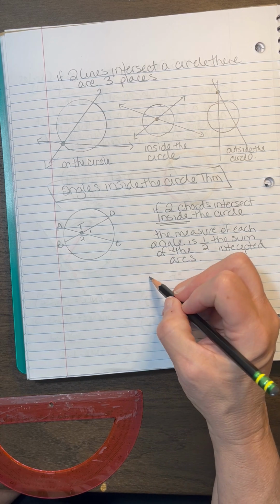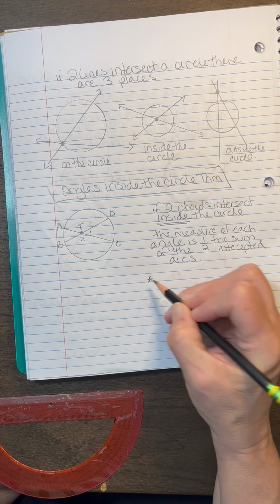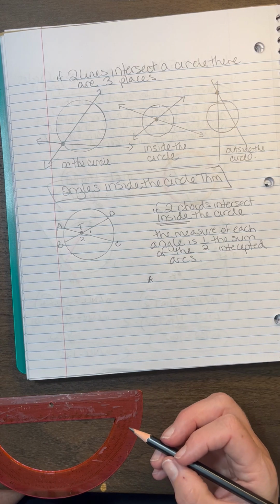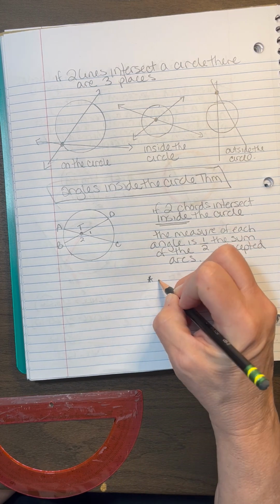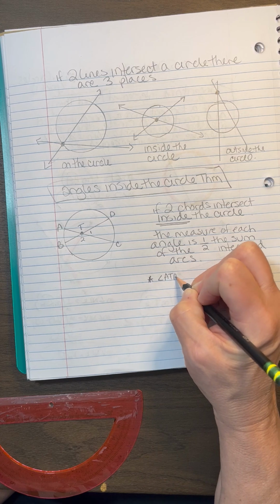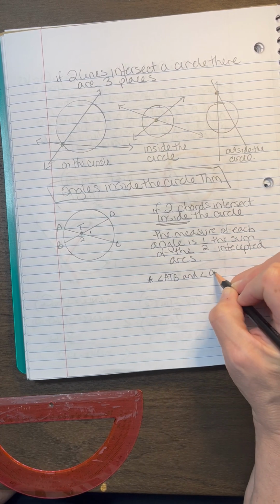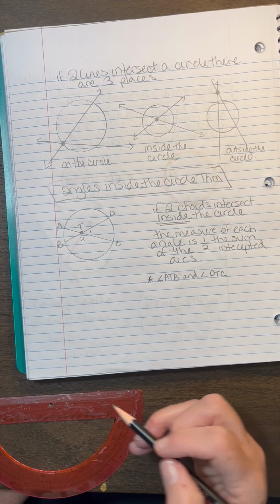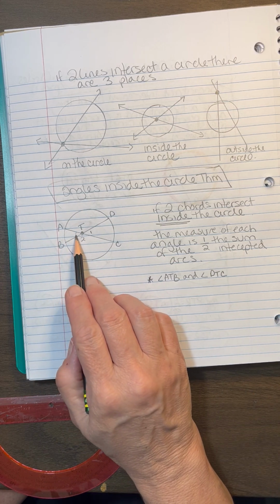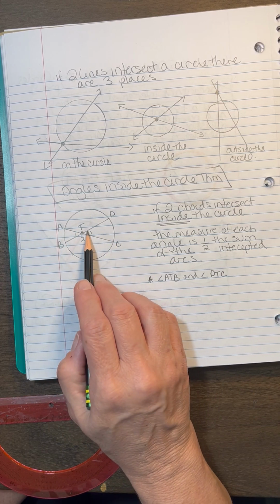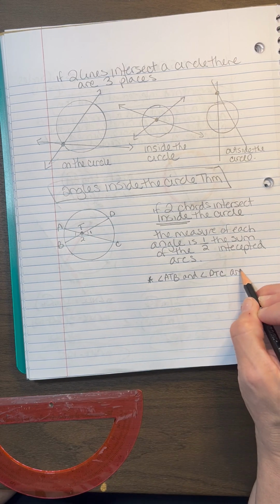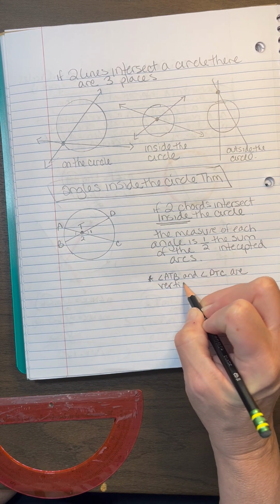And one thing I want you to pay attention to, because this is something they'll expect you to know. Angle ATB and angle DTC, what are they? ATB and DTC are vertical angles, right?